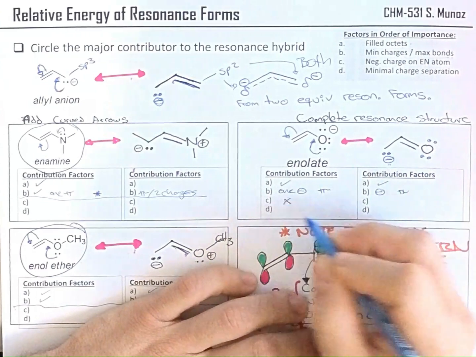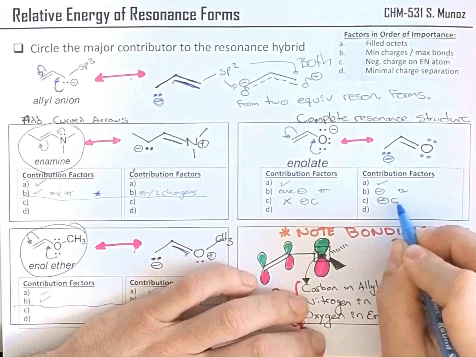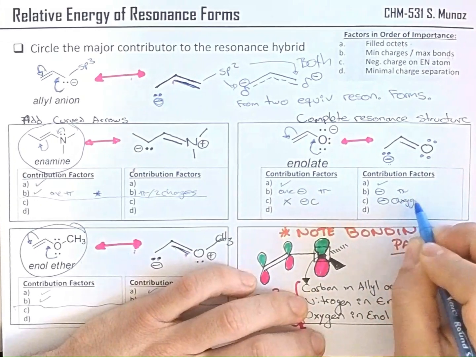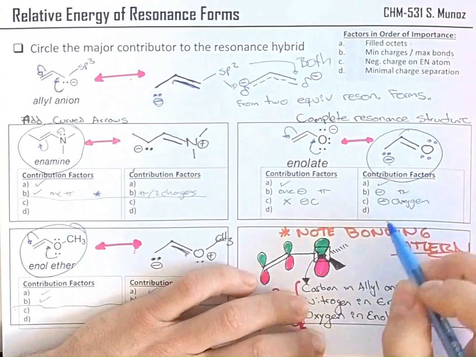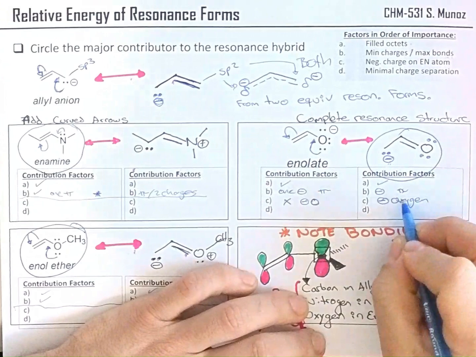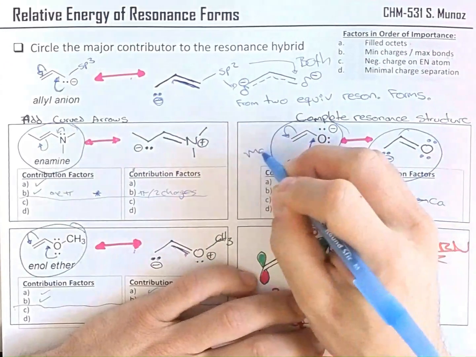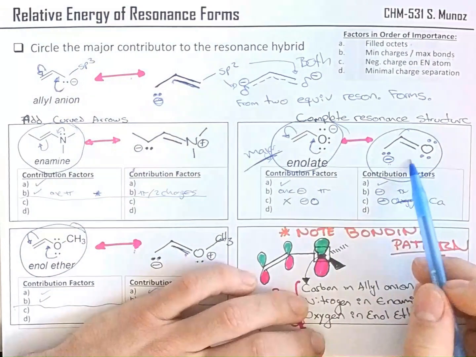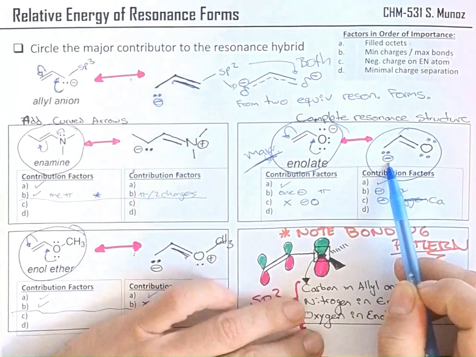And so here we have the negative charge on carbon, whereas here we have the negative charge on oxygen. And so because of this, now we can conclude that, I'm sorry, it's the opposite. This is oxygen and this is carbon. We can conclude that this enolate is the major, as opposed to where you have the carbanion resonance structure.